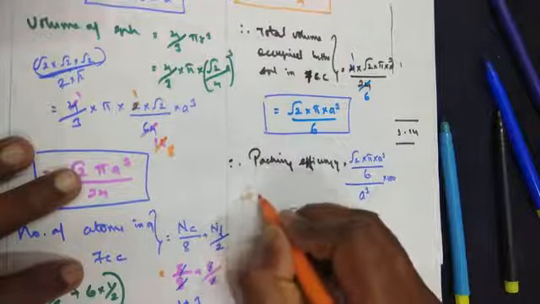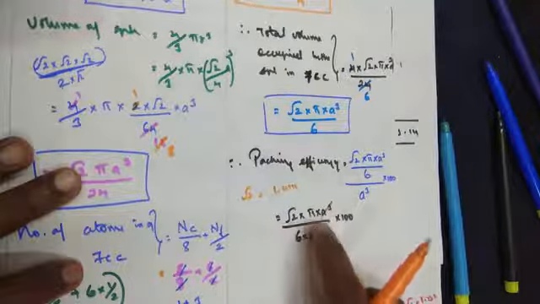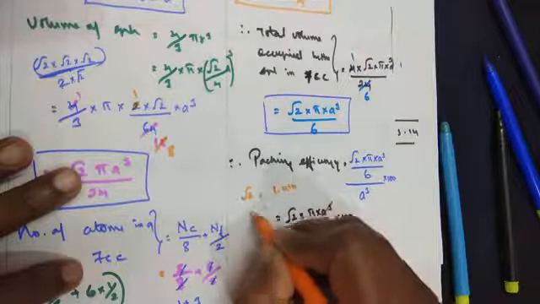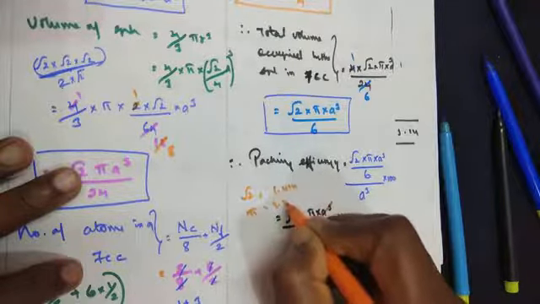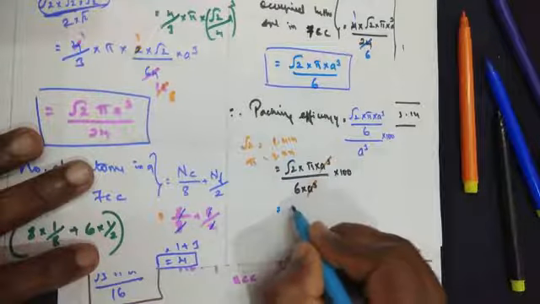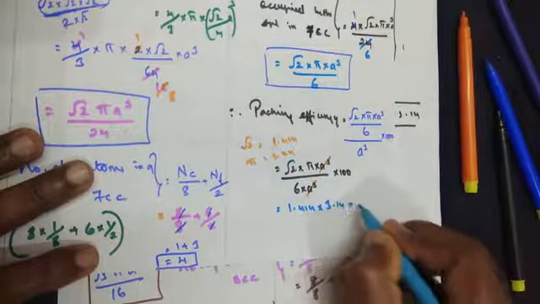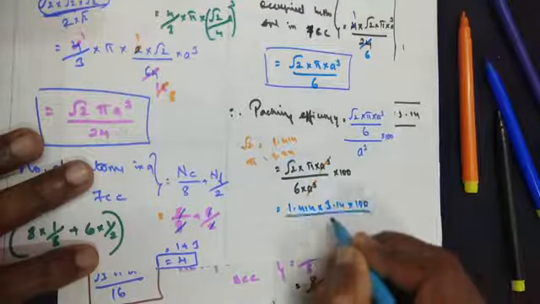So the value of root 2 is equal to 1.414. Let's substitute. The value of pi is equal to 3.14. If we substitute the values, we will get 1.414 into 3.14 into 100 by 6.